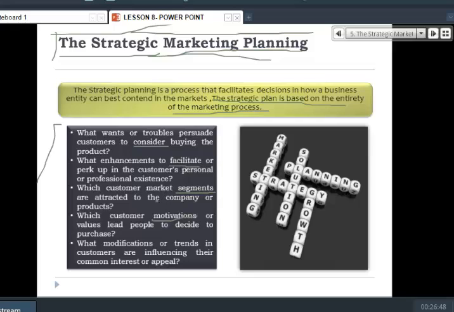Give your customer motivation. What modifications or trends in the customers are influencing their common interest or peers? So you need to know what kind of trends in the markets are going on. So these points are covering the strategic marketing plan.